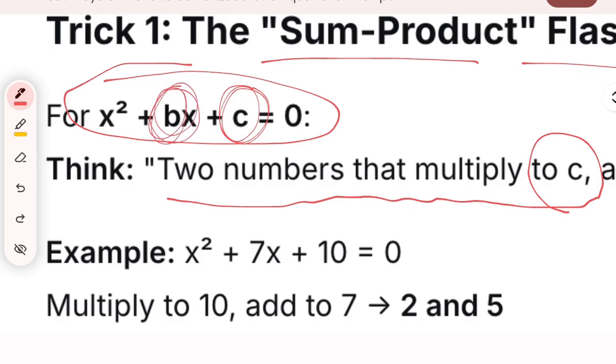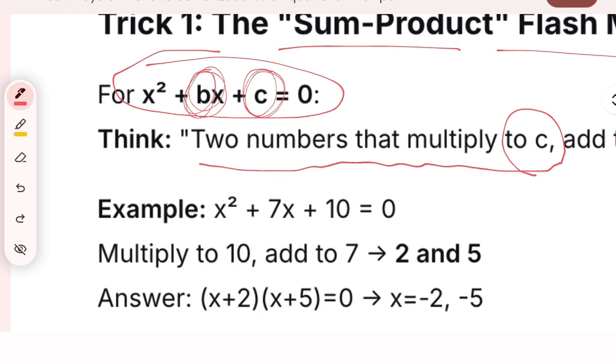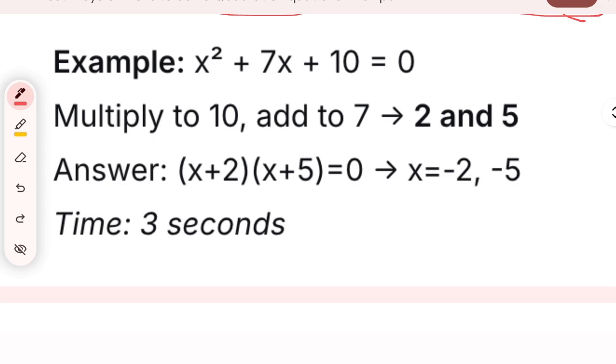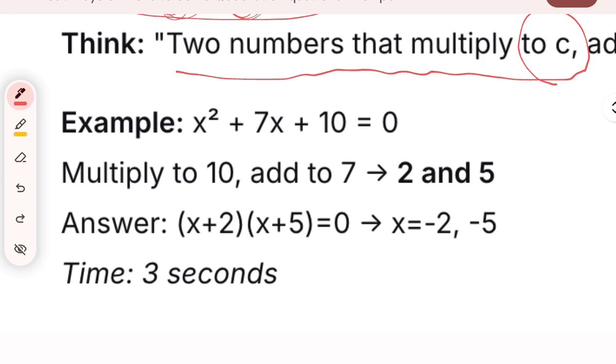So what are these numbers? In fact, if you watch the previous videos, I would always recommend that you supply tables.